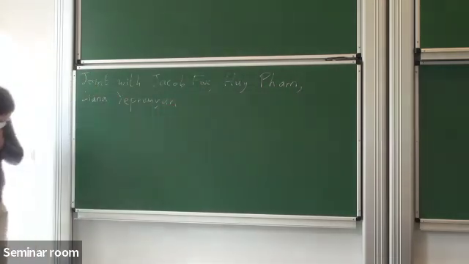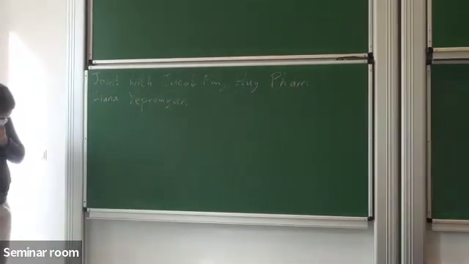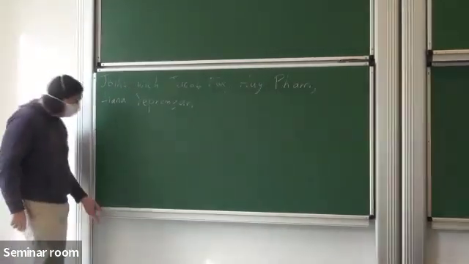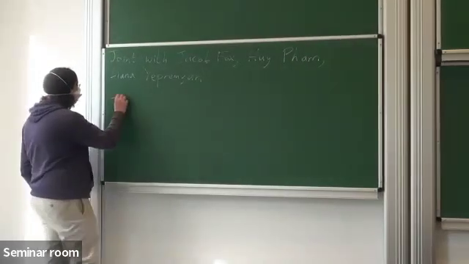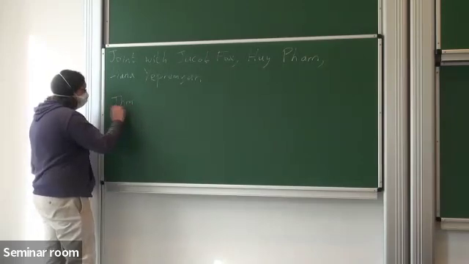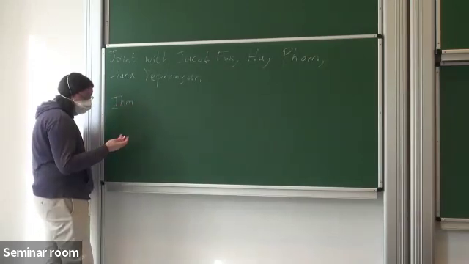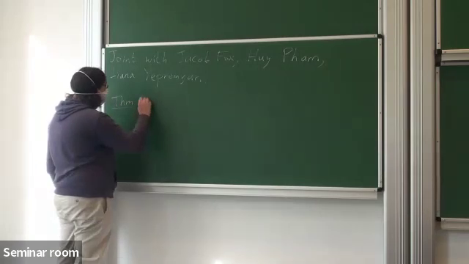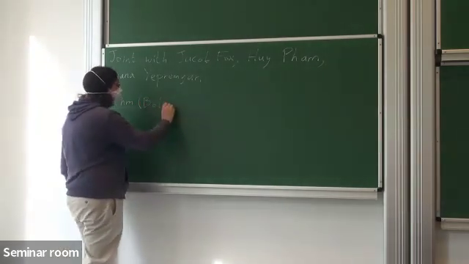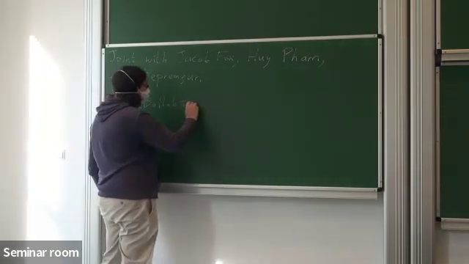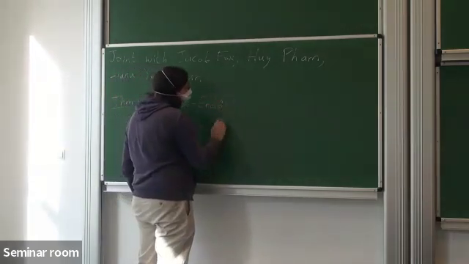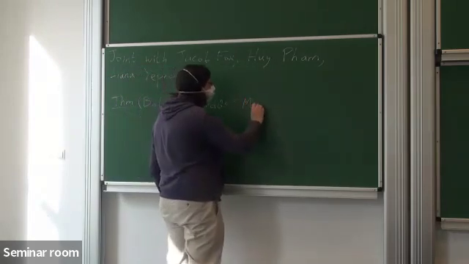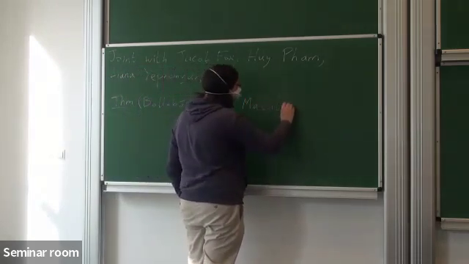Okay, so let me set the scene. There's an old result from the 70s. Nowadays, if you work in this area, it looks very, very straightforward, but I think at the time it was less so. It's a result of Bollobás and Erdős, and it was proved independently by Matula.